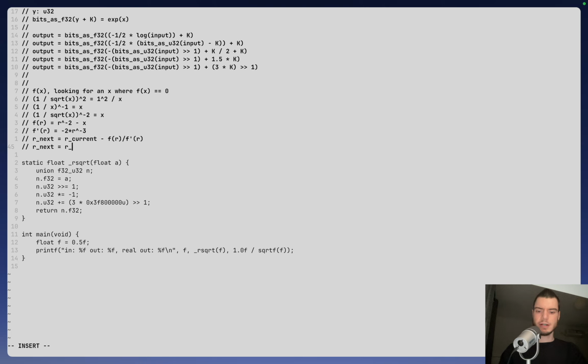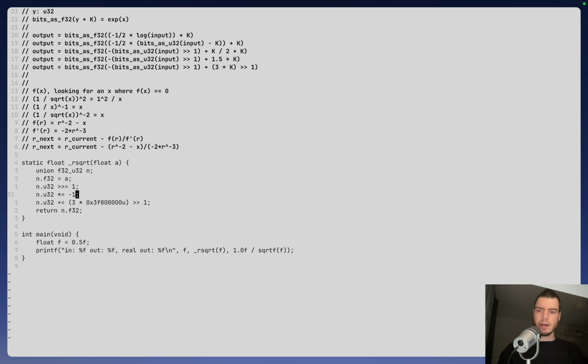R next is equal to R current minus f of r, which is r to the power of minus 2 minus x, divided by minus 2 times r to the power of minus 3. And that gives us a close approximation of our inverse square root result.